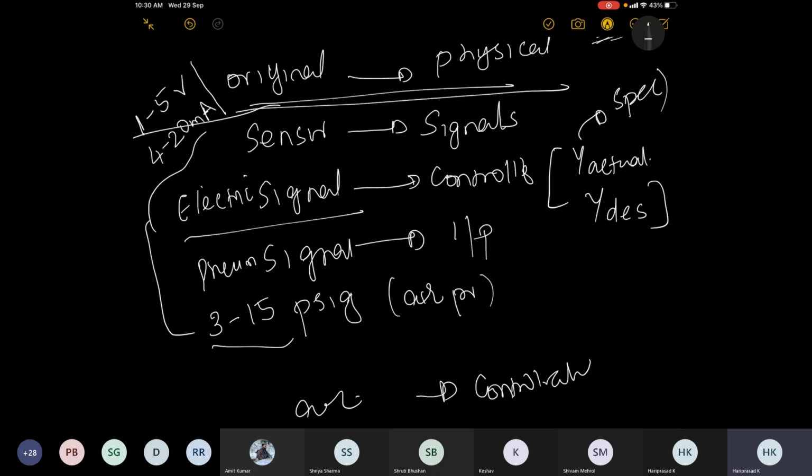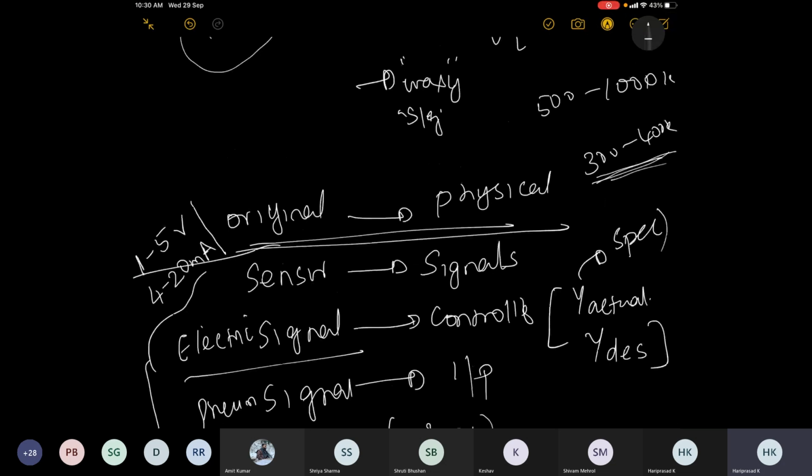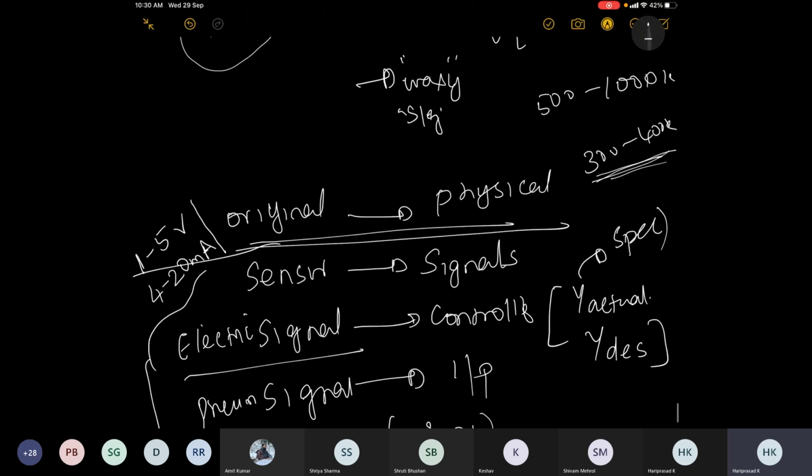Sometimes your sensor will not be able to measure 1000 Kelvin, because the sensor range will be different. So you will have to go and buy those sensors that give you the range. So it measures 500 to 1000 Kelvin and produces a signal of 1 to 5 volt or 4 to 20 milliamps.